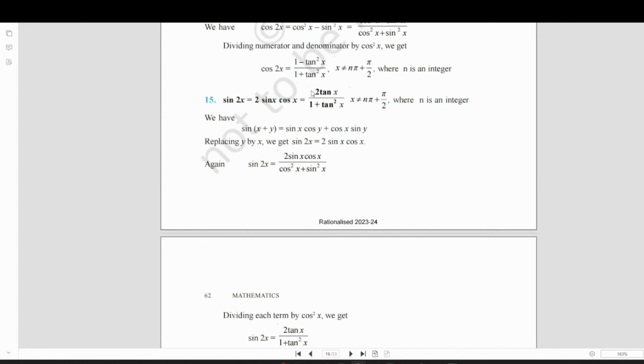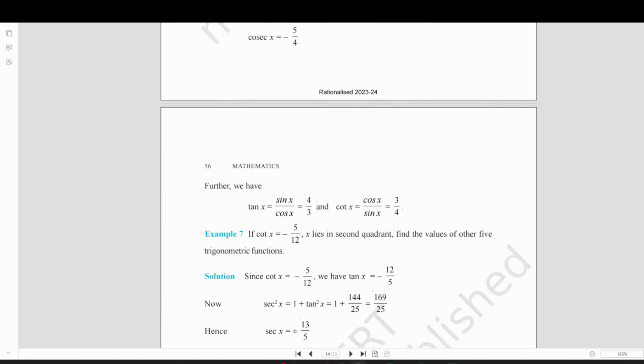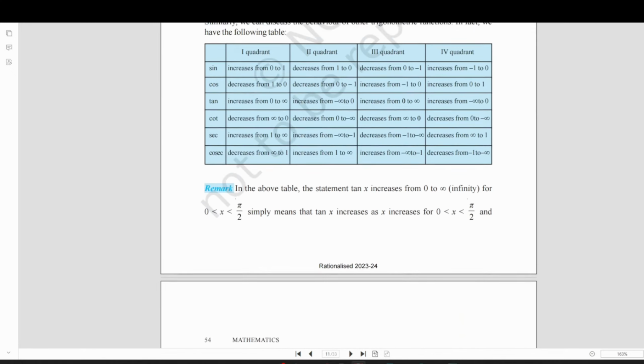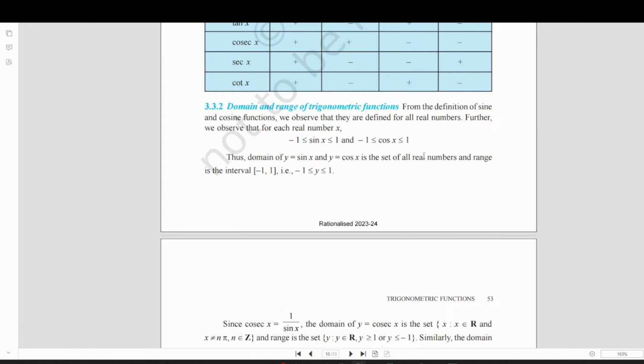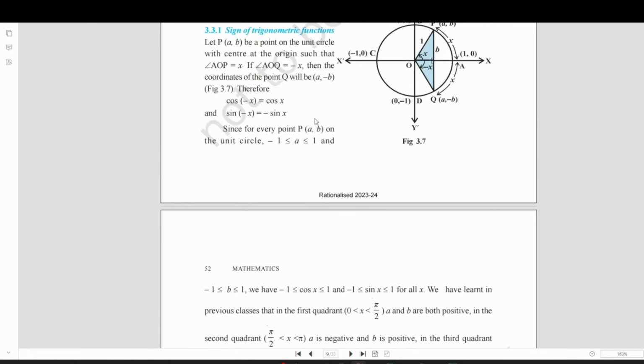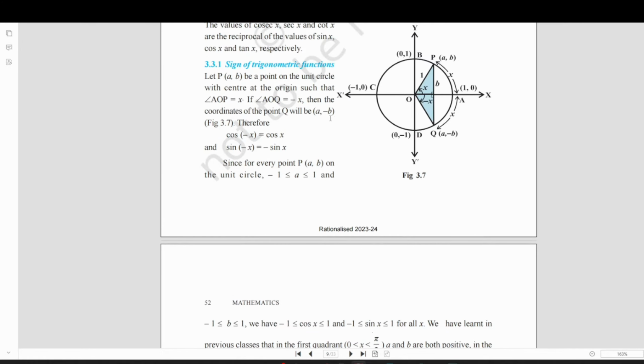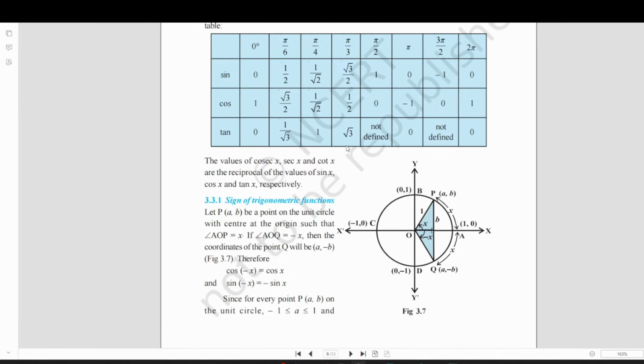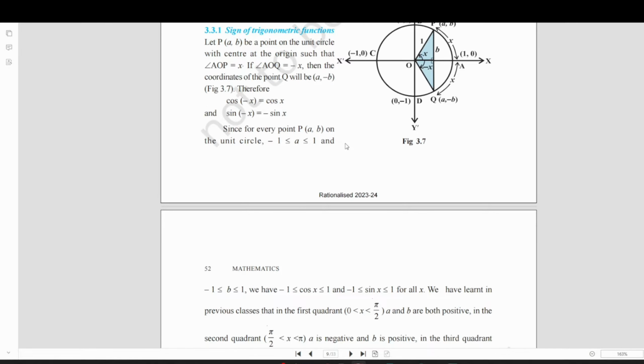Same thing with sin theta. We will see the same thing in our text as well. So we will be covering this in the next video, which is basically your domain and range of trigonometric functions, where it is mentioned, and also we will see the sign of trigonometric functions going further.